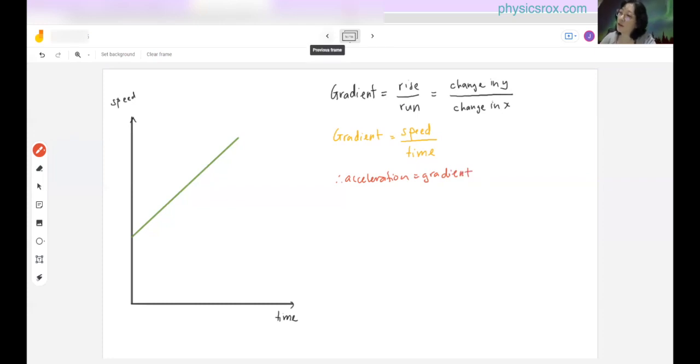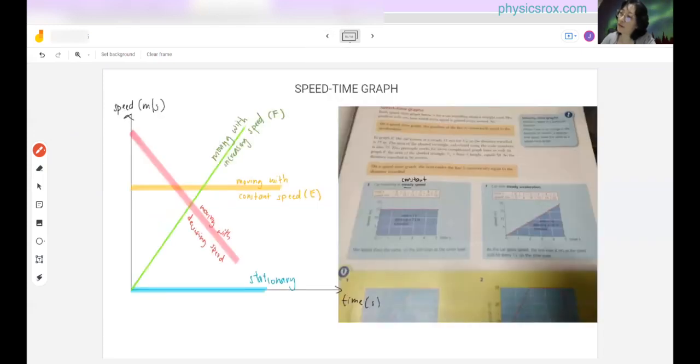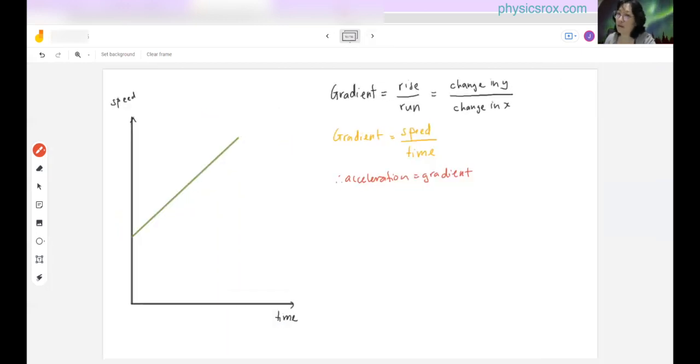Because if the speed is increasing, it's accelerating. Here the speed is decreasing, so there's deceleration. So that's why acceleration is equal to the gradient. Can follow?